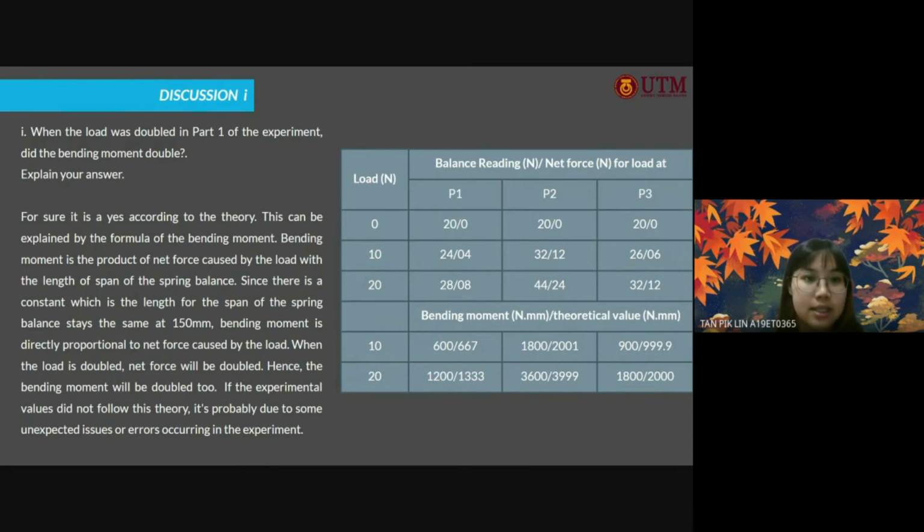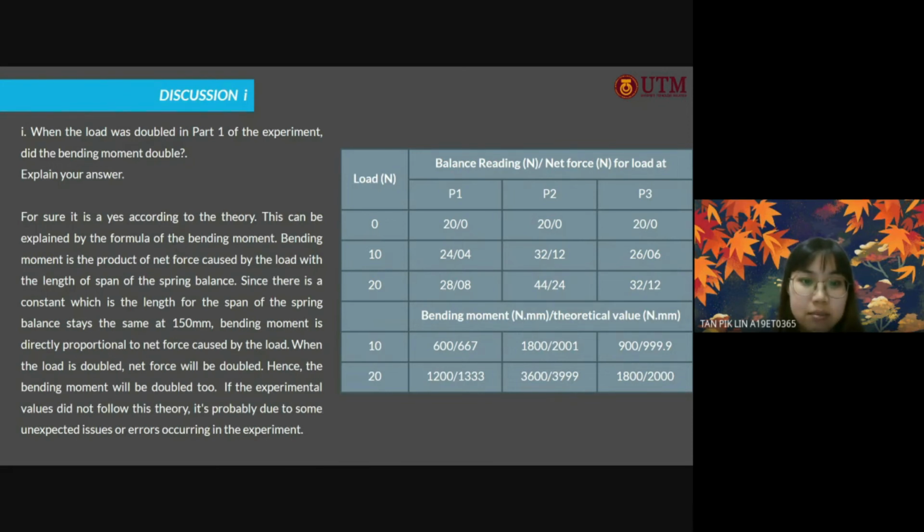In this discussion, the result that we gained in part 1 follows the theory about bending moment, since the theoretical value of the bending moment is stable when the load is stable, and the experimental value also doubles when the load increases. From the result, the bending moment was different when the same load was placed at a different position.